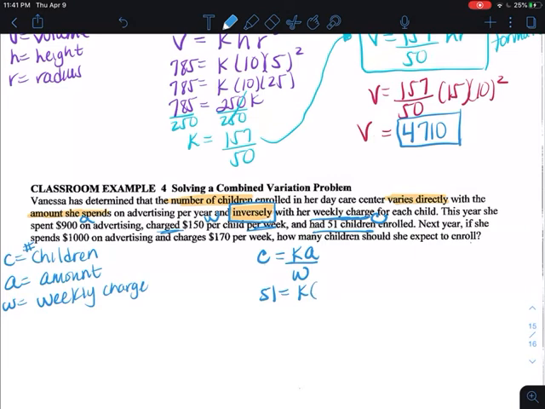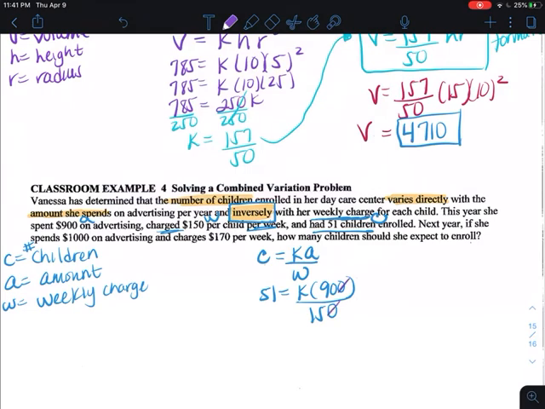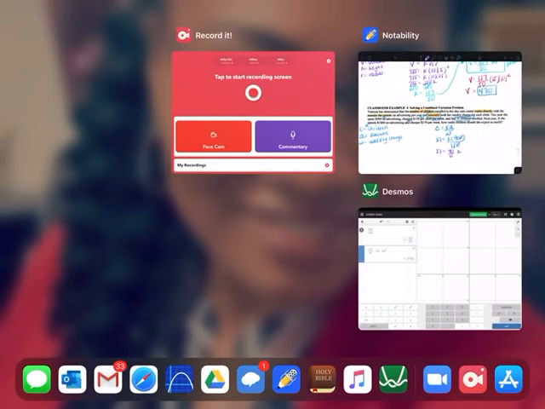So 51 equals K times the amount she spent on advertisement, 900, over the weekly charge, 150. So I'm going to simplify this. So this is 51 equals K times 90 over 15.